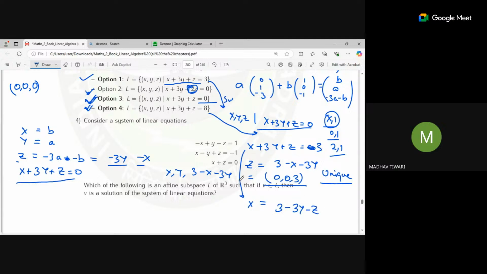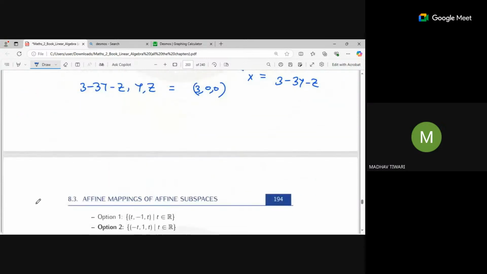And if I put that, it will look like 3 minus 3y minus z comma y comma z. In this case, the translatory vector will be 3, 0, 0. So it is different. It is not unique. That's all.